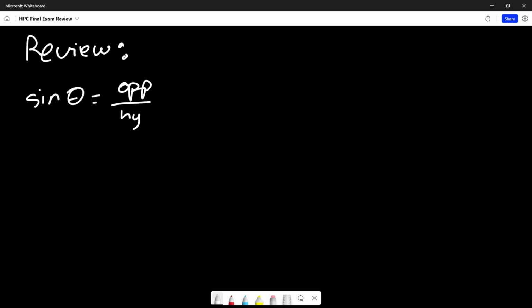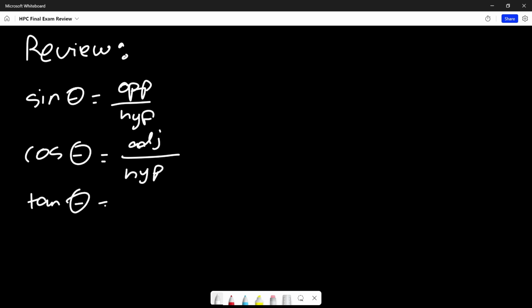Just for some review as we start off with triangles, we want to remember that sine theta is opposite over hypotenuse, cosine theta is adjacent over hypotenuse, and tan theta is equal to opposite over adjacent.